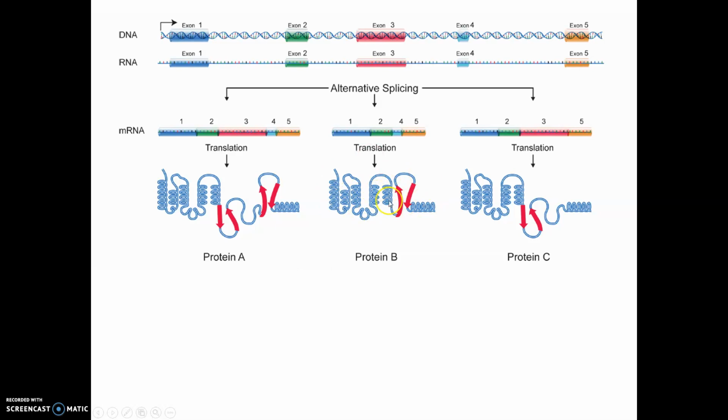So this protein here might have the exact opposite effect of what protein A does. Similarly, protein C can bind the DNA but not bind the accessory protein, the crosslink. So you can see that having different elements and being able to mix and match, you can produce what could be oppositely functioning proteins out of a single gene.